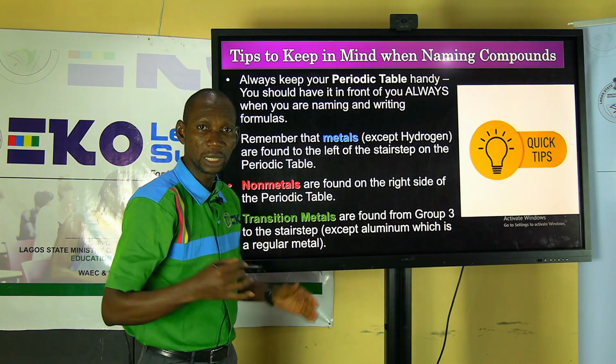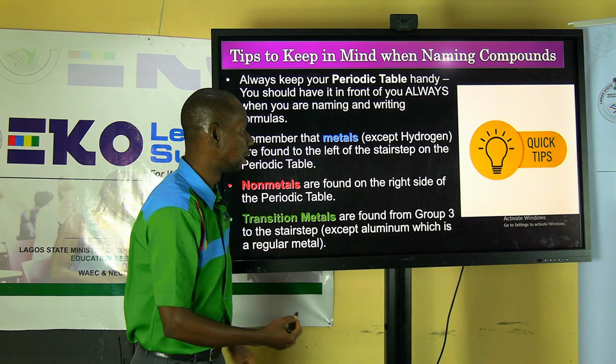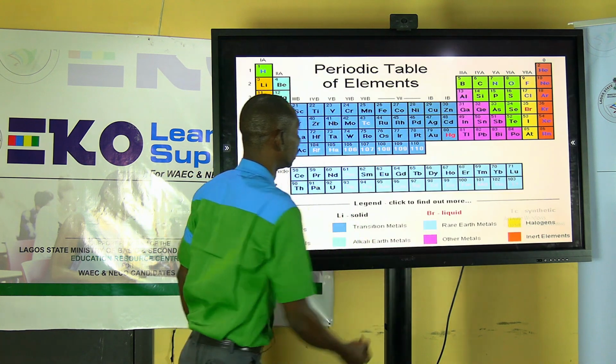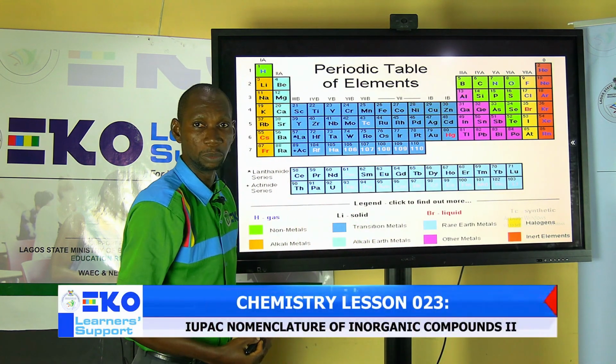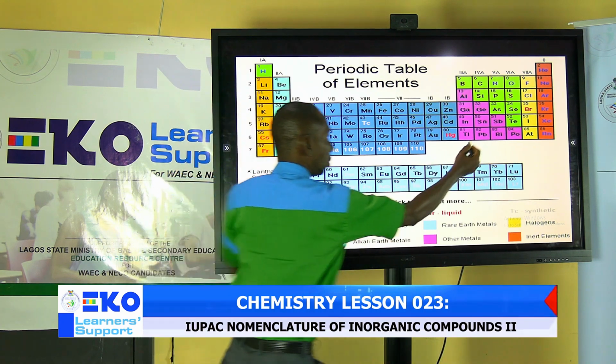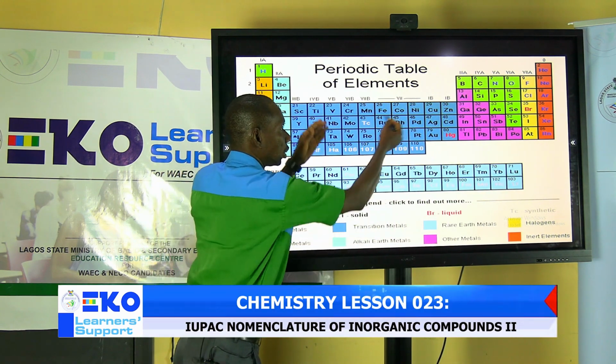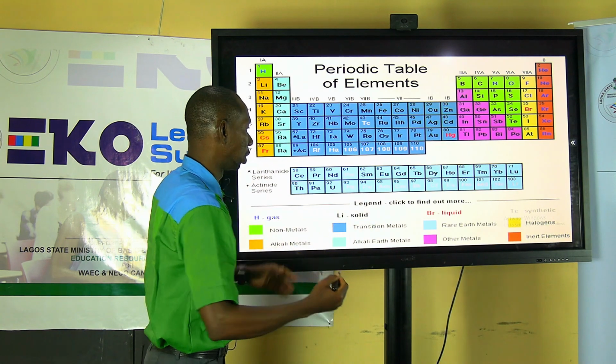The transition metals are usually in between the main metals and the non-metals. These are the metals. You have the non-metals to the far right, and then the transition metals are in between them.